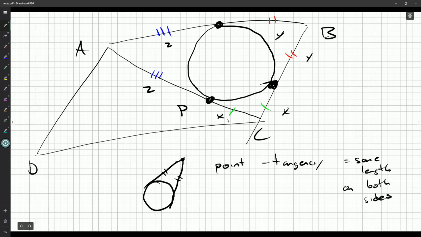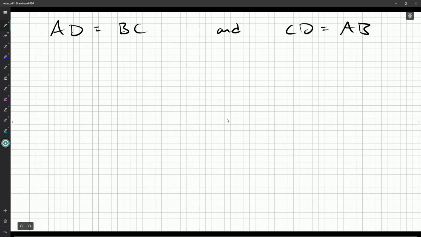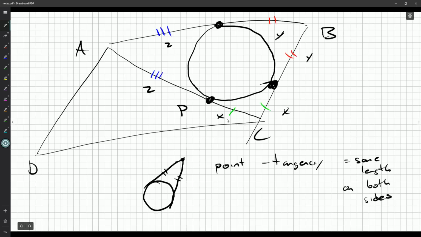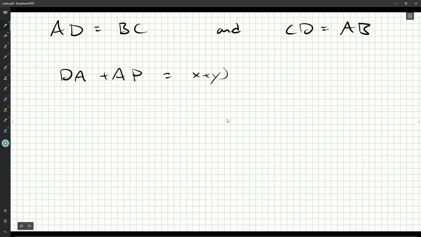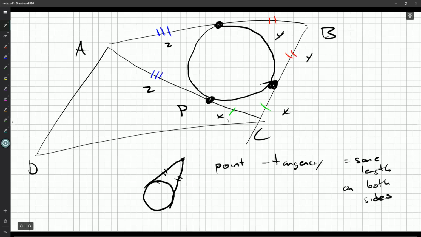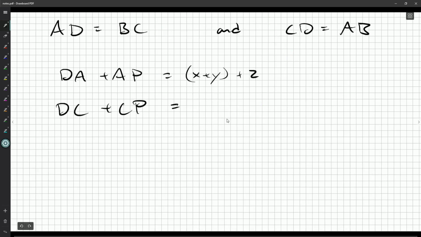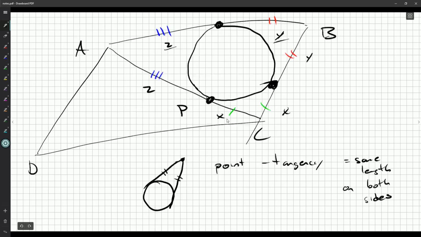Now, AD is going to be X plus Y. So DA plus AP, I think, is how they have it written. So DA is going to be the same as BC, so that's X plus Y, plus AP, which is Z. And then DC plus CP is, well, DC is the same as AB, so that's Z and Y. And CP should be X. Yes, it is.